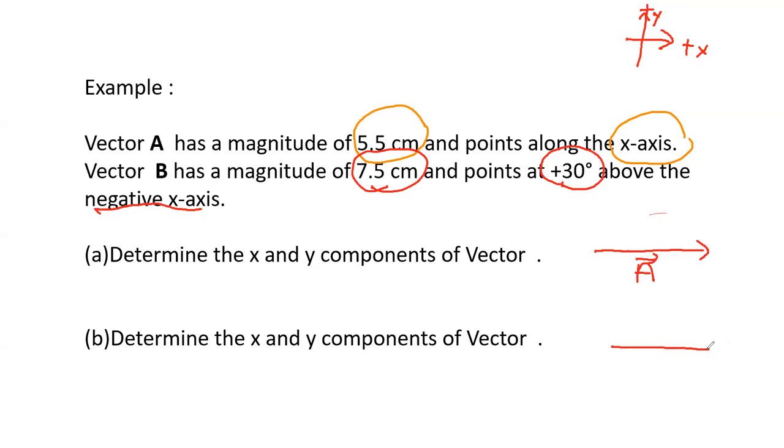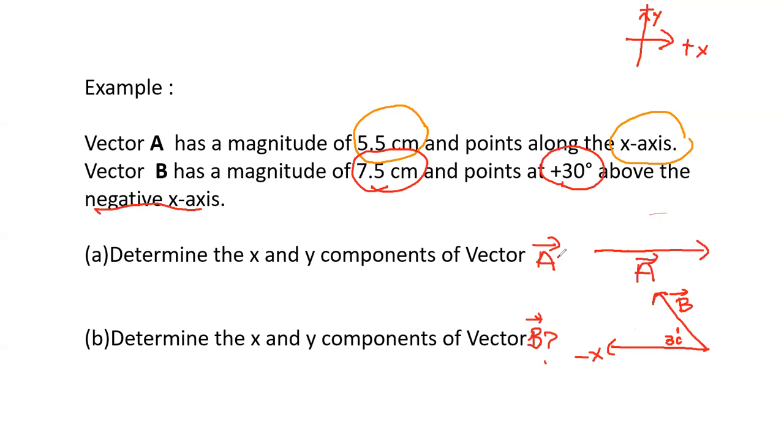So this is positive, this is my negative x-axis, 30 degrees above the negative, so that should be my B. So this is 30 degrees. Then we determine the x and y components of vectors A and B.